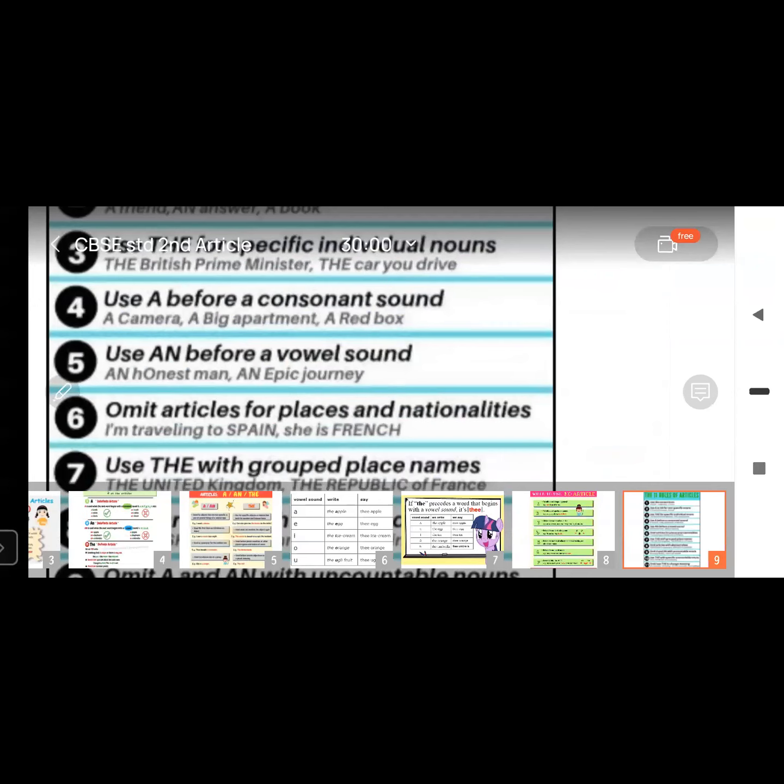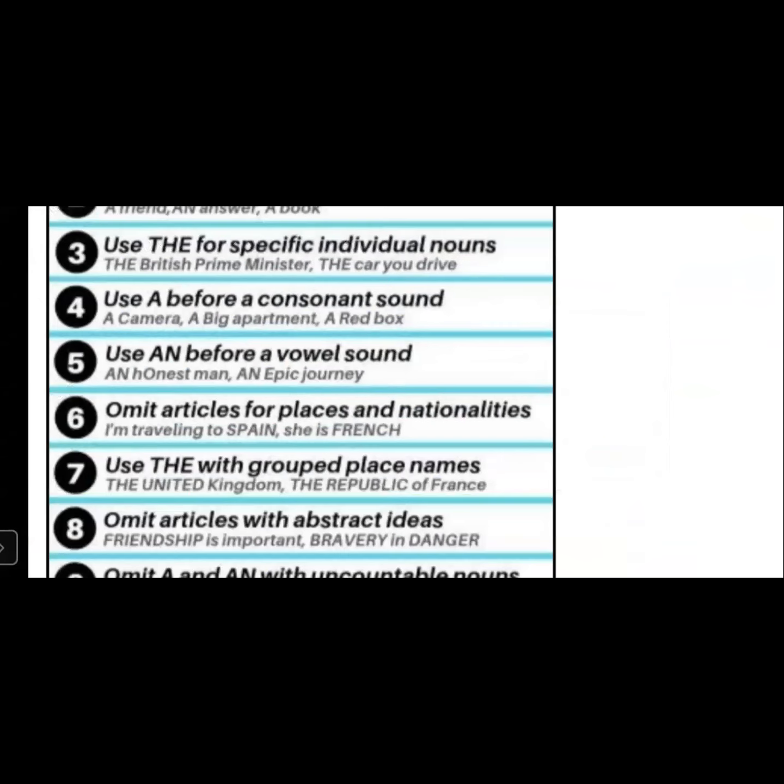For example, when we are writing about the French or Spain, the places and the nationality is given, so we are not using the article. Such as Spain. We are not writing "I am traveling to the Spain." The Spain is wrong. We should not use any article for places and nationalities.